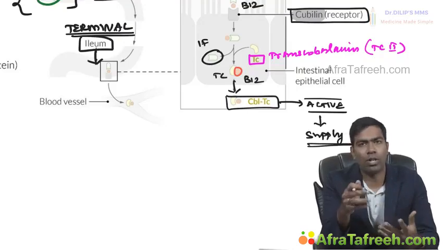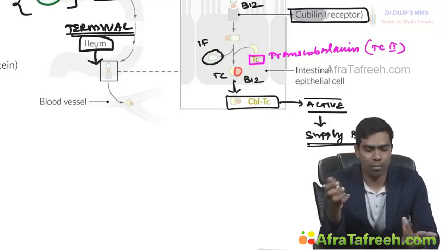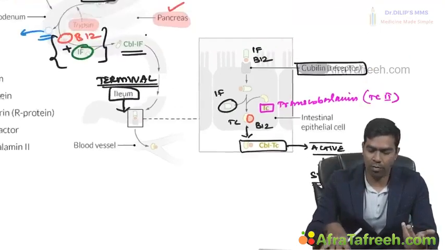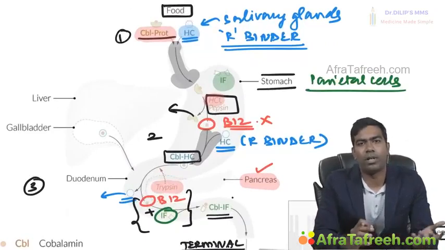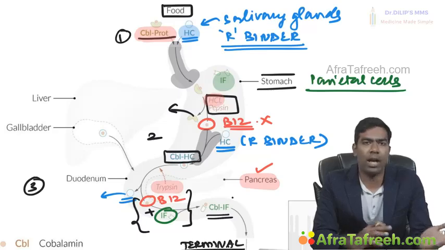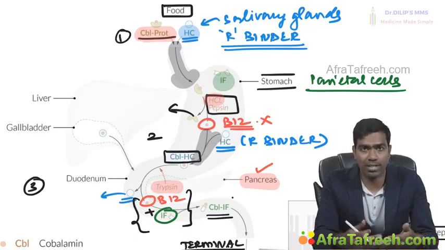So before going into why that particular point is important, let us recap what is happening. You have 4 different steps. In step number 1, your B12 is entering the mouth, and along with that your R binder is secreted.